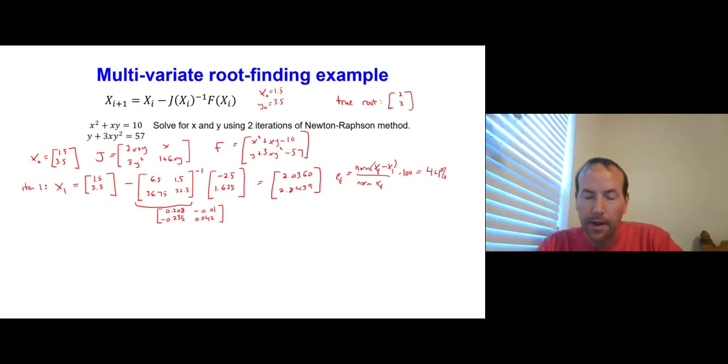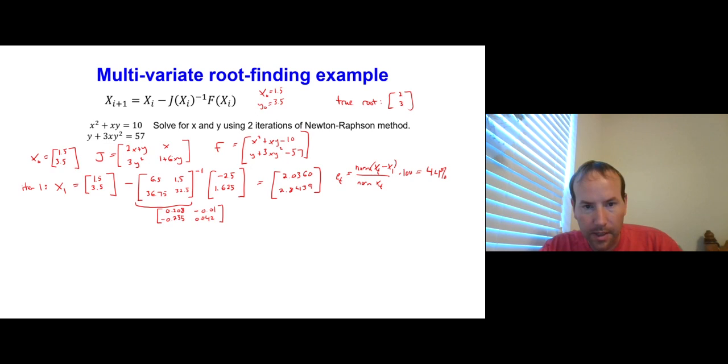The reason we need to do that is that our answer is now a vector, so we need a vector-based approach to calculate the error. So this shows step-by-step how to do this for the first iteration.